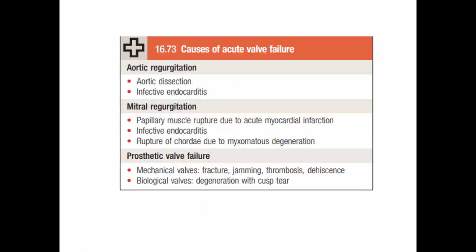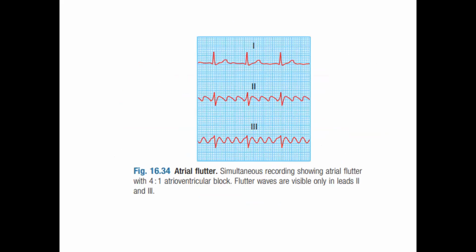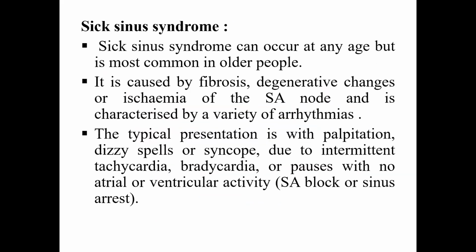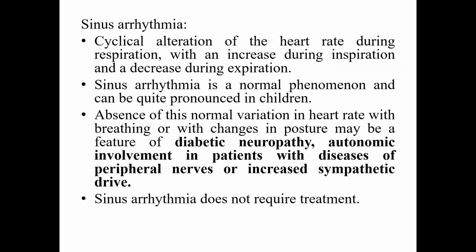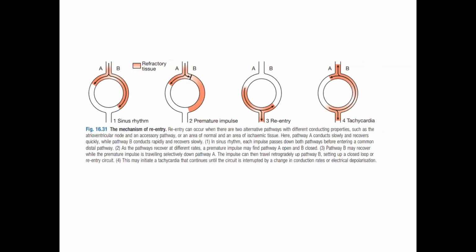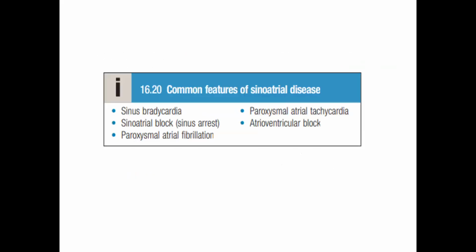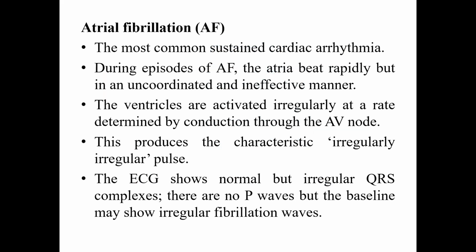Then we are going to valvular heart disease. So we came to the conclusion of this arrhythmia topic, and for refreshment: arrhythmia is a disturbance of the electrical rhythm of the heart, a disturbance in the conducting system of the heart. When the rate is more than 100 it is tachycardia, and when less, bradycardia. We discussed the mechanisms, sinus arrhythmia, causes of bradycardia, sick sinus syndrome as a common cause from the sinoatrial node, then atrial fibrillation.